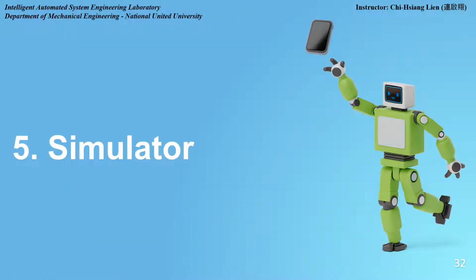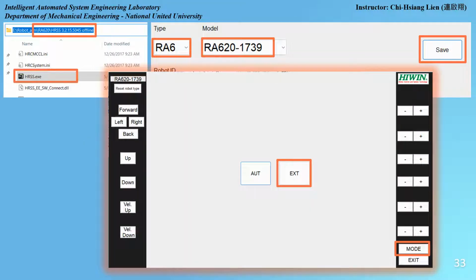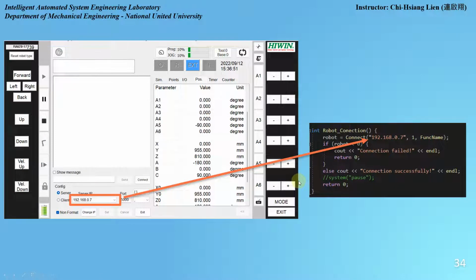And next, I want to talk about the simulator. We move to the directory and double click HRSS.exe and choose the model right here, and then we choose expert mode, and then we make sure the IP in the programming.